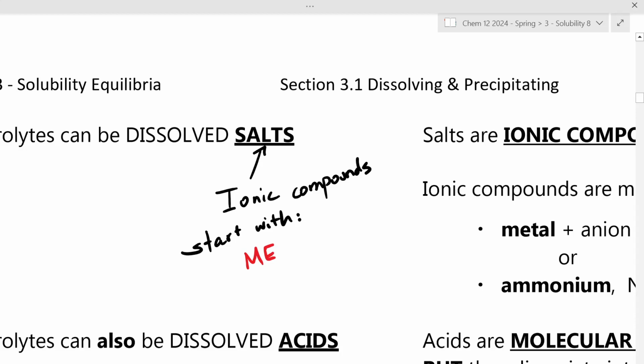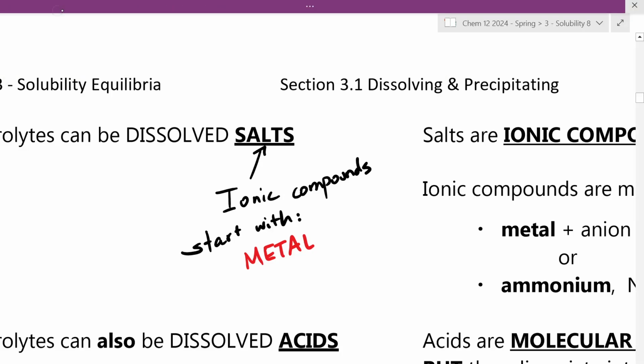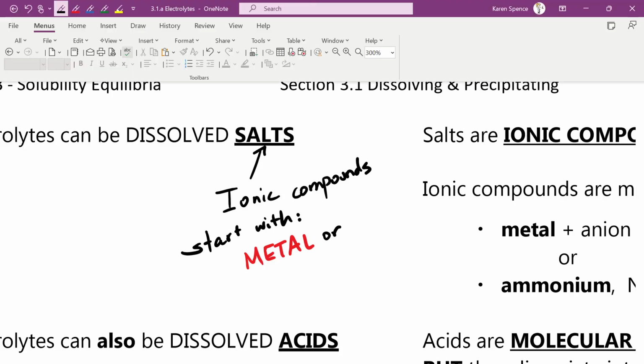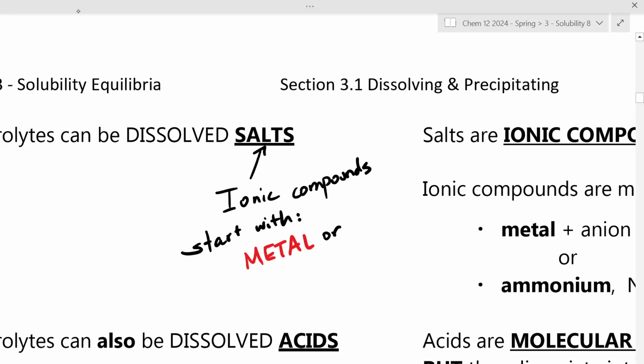Metal. Or what else? Ammonium. NH4 plus. Ammonium.